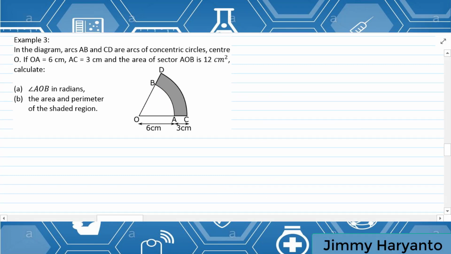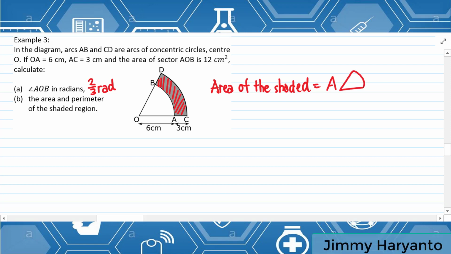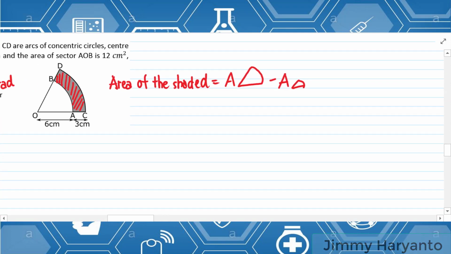So the angle is 2 over 3 radian, and then you have to find this area. As you can see, the area of the shaded part is the area of the larger sector minus the area of the smaller sector. We can use this logical thinking to find the area of the shaded part.